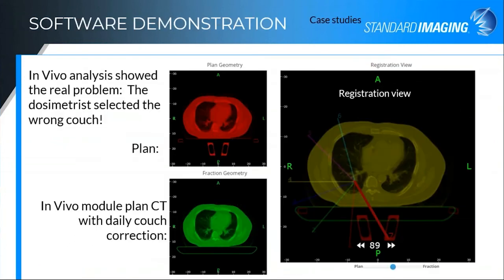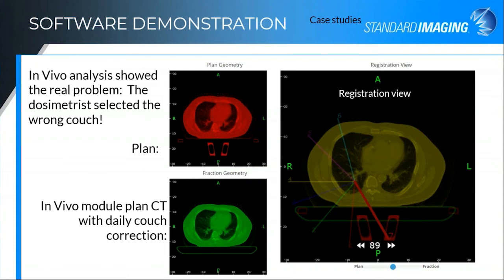And digging into the analysis within Adaptivo, we discovered that the error was a dosimetry error where I think it was a visiting dosimetrist, temporary dosimetrist, or potentially a new one, I don't know, habitually picking the wrong couch from the drop down in Eclipse when making the treatment plan.